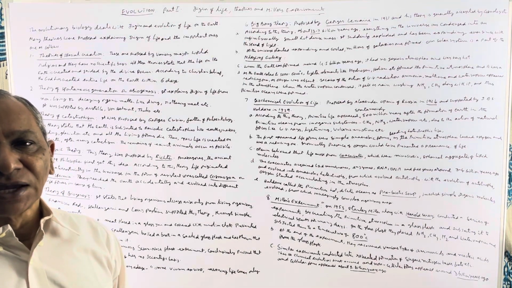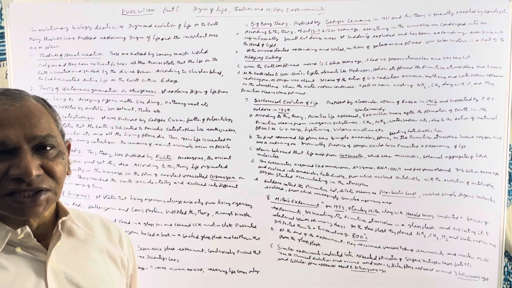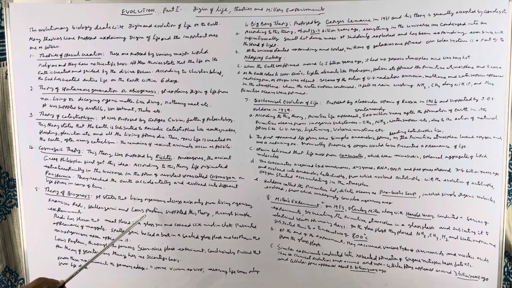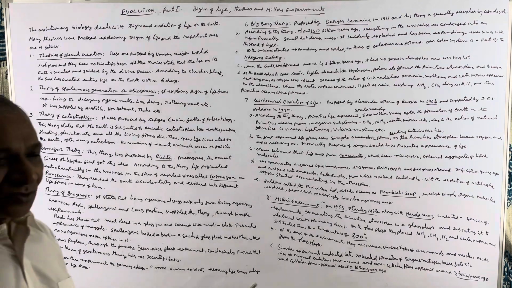This theory was disproved by 3 famous scientists, namely Louis Pasteur, Spallanzani, and Francisco Redi. They conducted different types of experiments and proposed a theory known as theory of biogenesis.